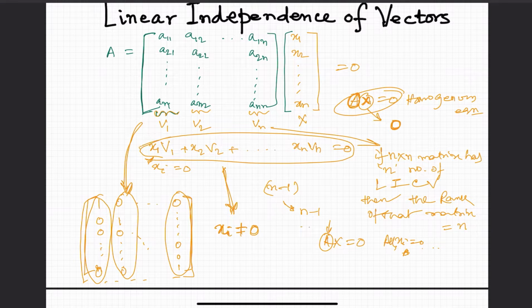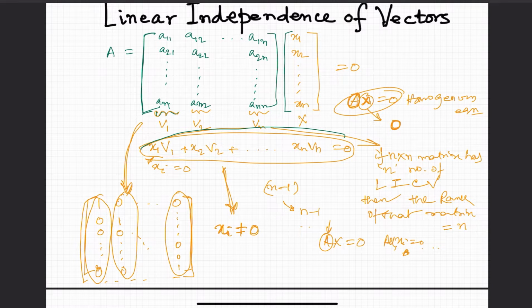If this combination gives the equation only when all the xi's are 0, then we can say that these vectors v1, v2 up to vn are linearly independent vectors.